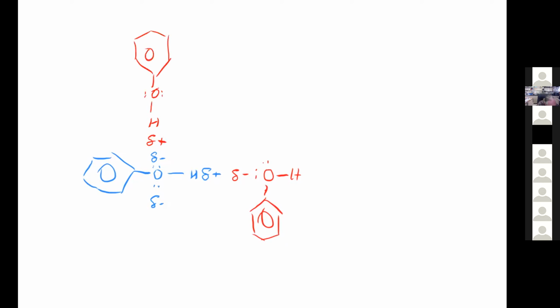And similar thing down here. So I'm looking at the one in blue. Here's the OH. All I need in the other one was an F, an O, or an N, and here's the O. Okay. Then I'm looking at the oxygen, the partial negative is attracting the partial positive.